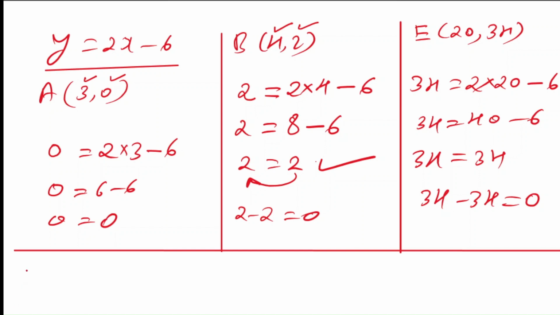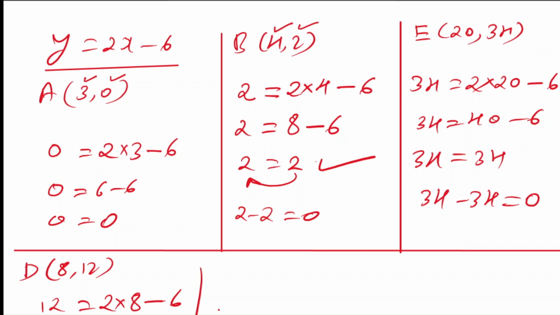So here this is the point D, which has coordinates (8, 12). In this case, you see your y is what? It is 12. 2 as it is, in place of x you are putting 8 minus 6. So now 12 equal to 8 times 2 is 16 minus 6.